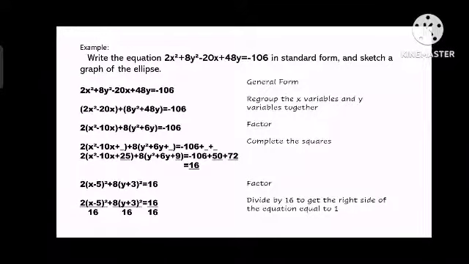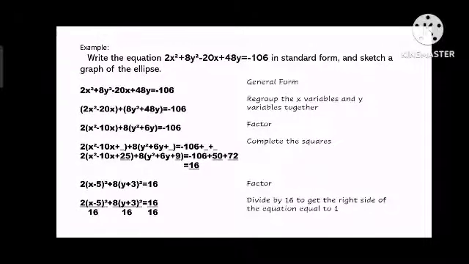So, if the equation of an ellipse is not in standard form, we have to complete the square in order to transform the equation. So, the equation given to us is 2x squared plus 8y squared minus 20x plus 48y equals negative 106.